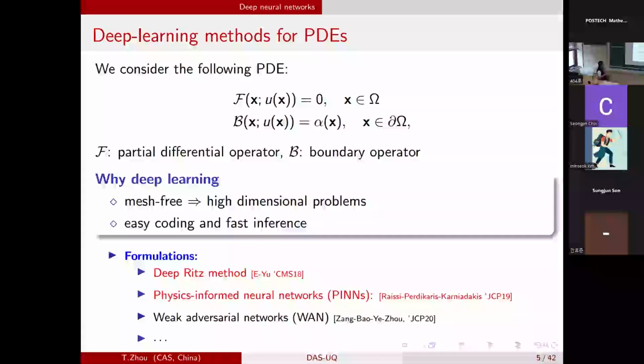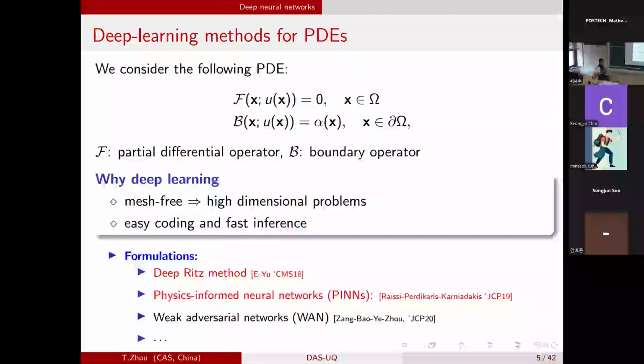Also, there is another framework called WAN. This was done by Zang and other co-authors. This is based on the so-called weak formulation. When you use finite element to solve a PDE, you begin with some weak formulation, and this is the same. You begin with some kind of weak formulation and you model the solution with a neural network, and you also model the test function with a neural network.